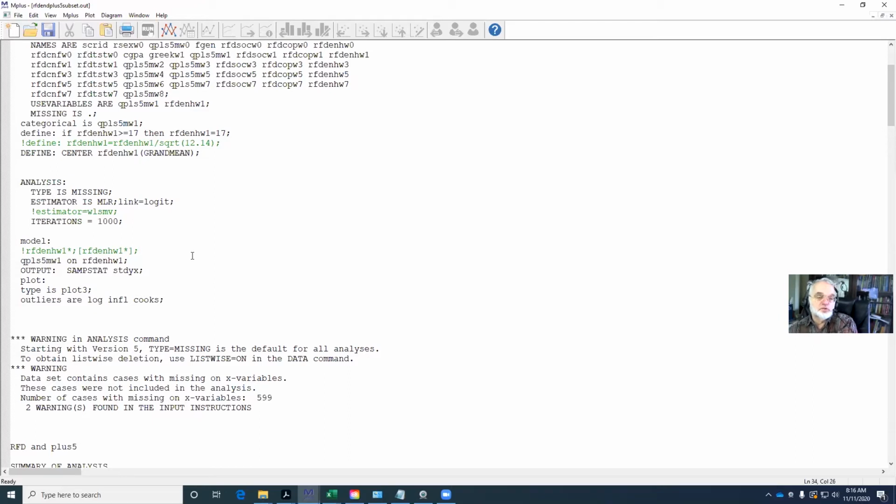And this has to do with a slight wrinkle of a difference between Mplus and, say, lavaan or other packages that will do this type of thing.